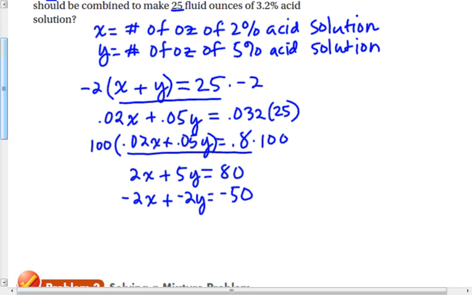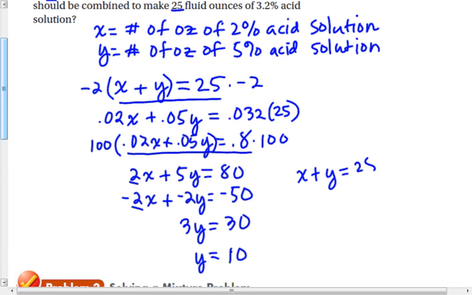Now I have two equations with opposite coefficients, so I can just add these together and I get 3y equals 30. Divide both sides by 3 and I get y equals 10. Well, I know my total solution is 25, so if y is 10, then that means that x is 15.